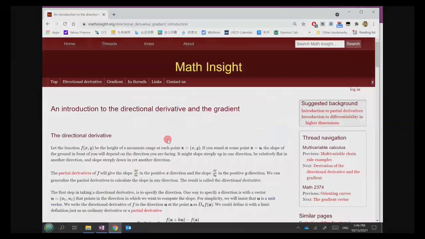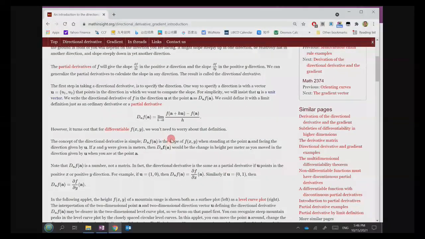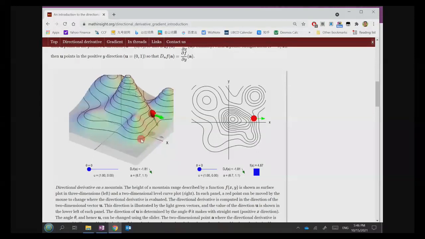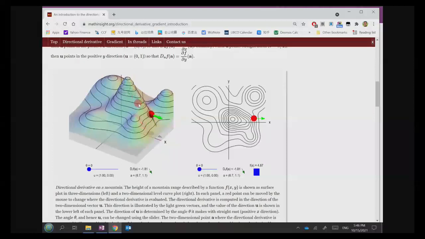Now in assignments, I'll offer the link, and this link directs you to this website here. They have a fairly good animation. You can play with the directional derivative and the gradients on this website. They plotted an arbitrary mountain surface, and there's a point here.